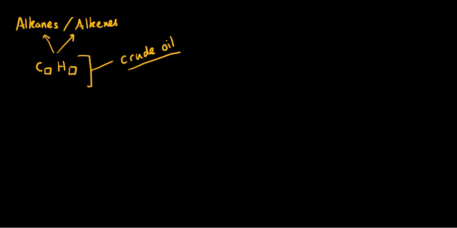So first of all, let's have a look at alkanes. Alkanes have the formula CnH2n+2. What this means is if you have, say for example, 2 carbons, I'd put the number 2 here, and I'm going to work out how many hydrogens I have by putting the number 2 here.